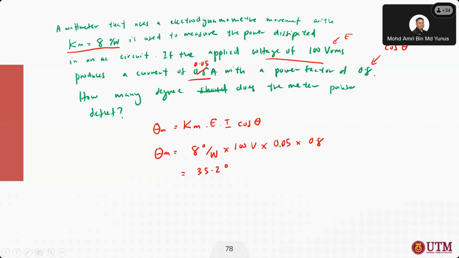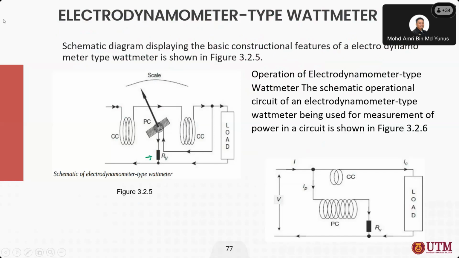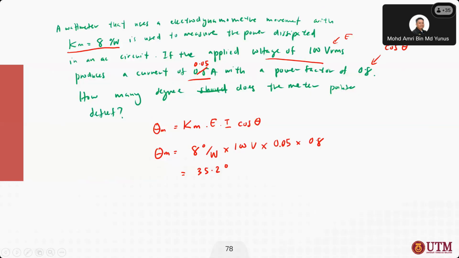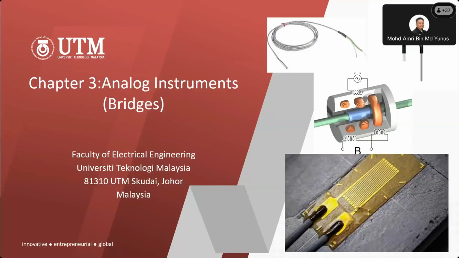So the angle of deflection theta is 35.2 degree. So that's one example.